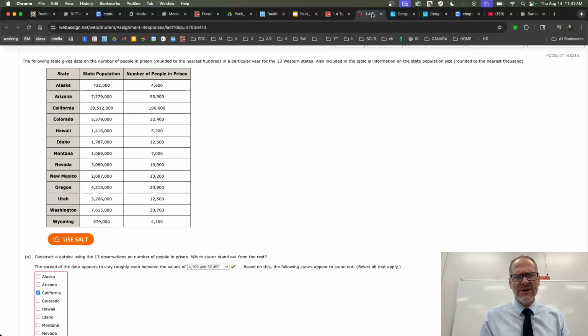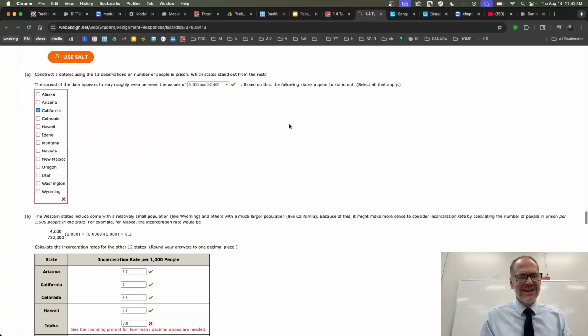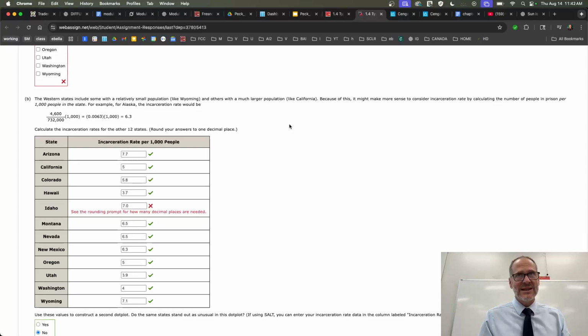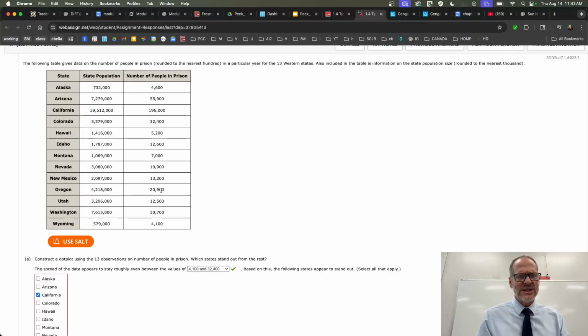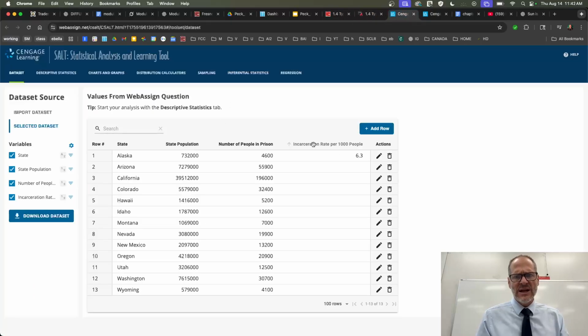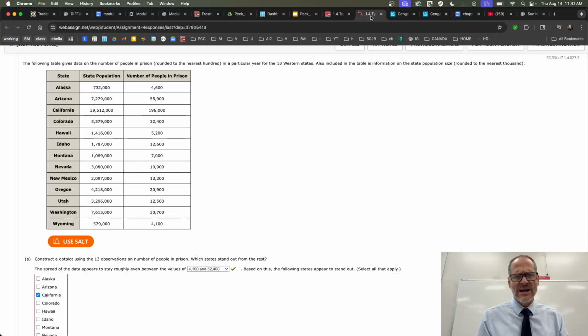And I forget, because it was so early in the morning, I think I used ChatGPT to calculate that. Now it's coming back to me. I just took a picture of this, and I asked ChatGPT to calculate the percentage of incarceration rate per 1,000 people.